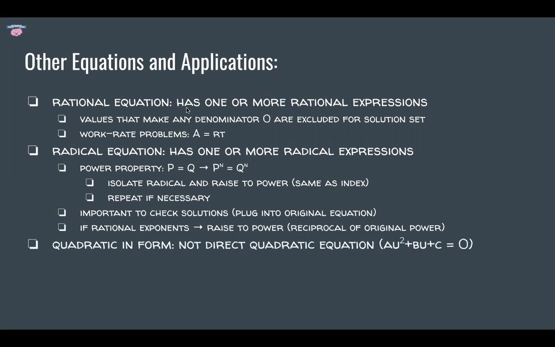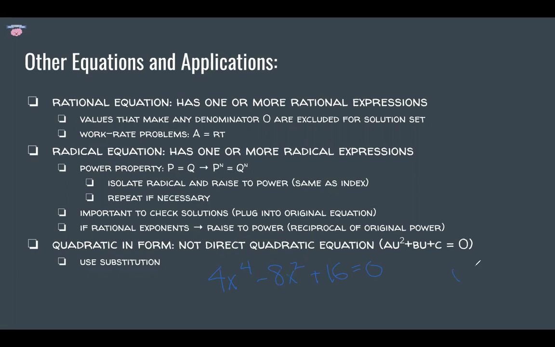An equation quadratic in form is not a direct quadratic equation, but it can be simplified as one. And you use substitution for it. So for example, if we had something like 4x to the power of 4 minus 8x squared plus 16 is equal to 0. Well, we have a 4th degree polynomial, so this isn't quadratic.